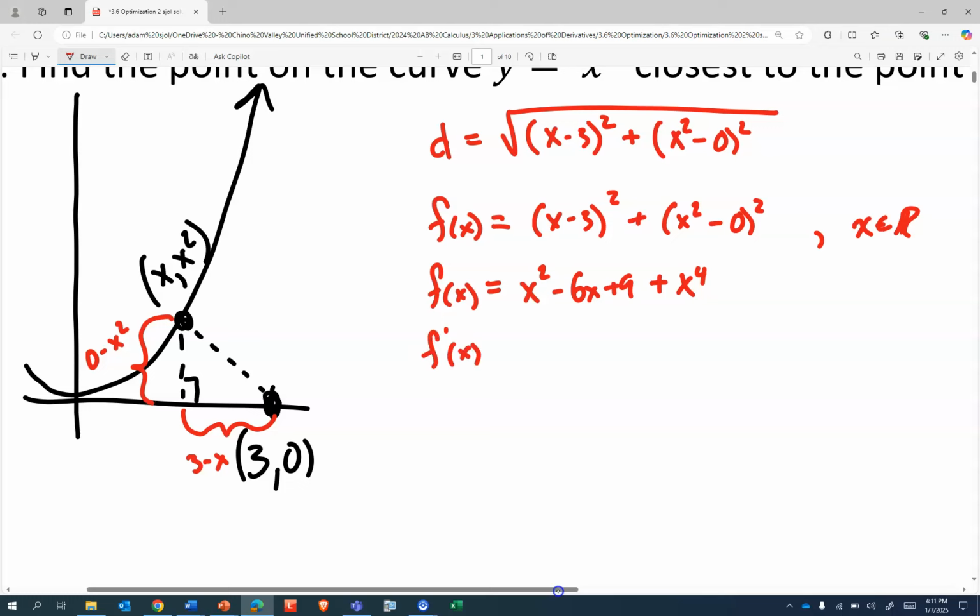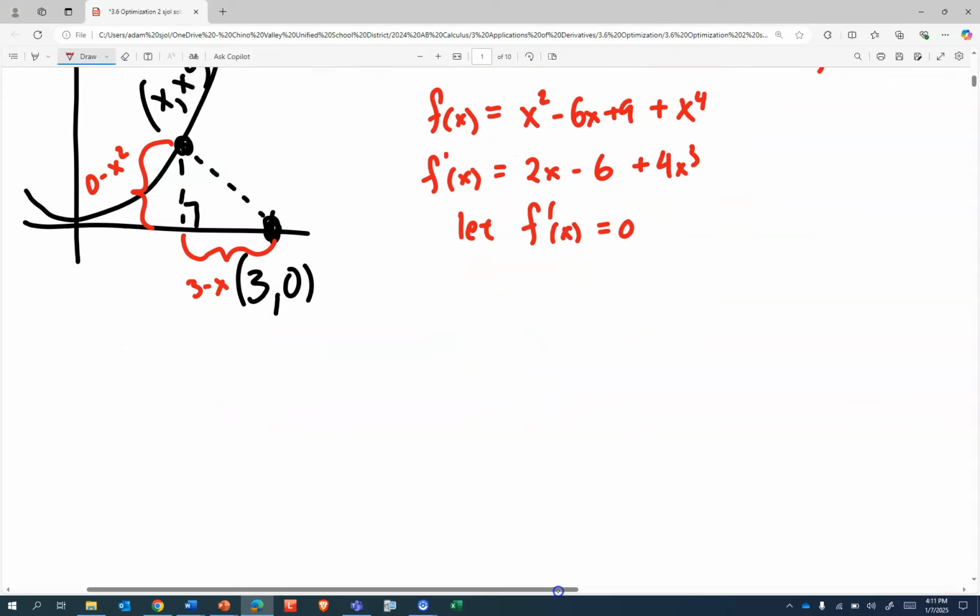So f prime of x is 2x minus 6 plus 4x cubed. And we're going to let f prime equal 0 so we can find some critical values. So 0 is equal to 2x minus 6 plus 4x cubed. Now, it's not terribly obvious what the critical value is going to be. Factoring by grouping doesn't appear to work.